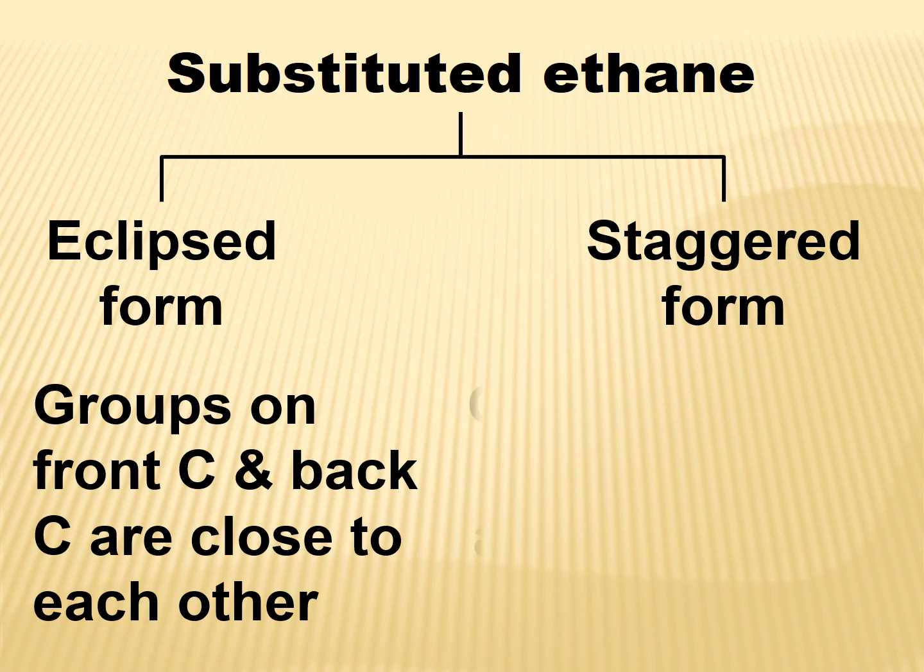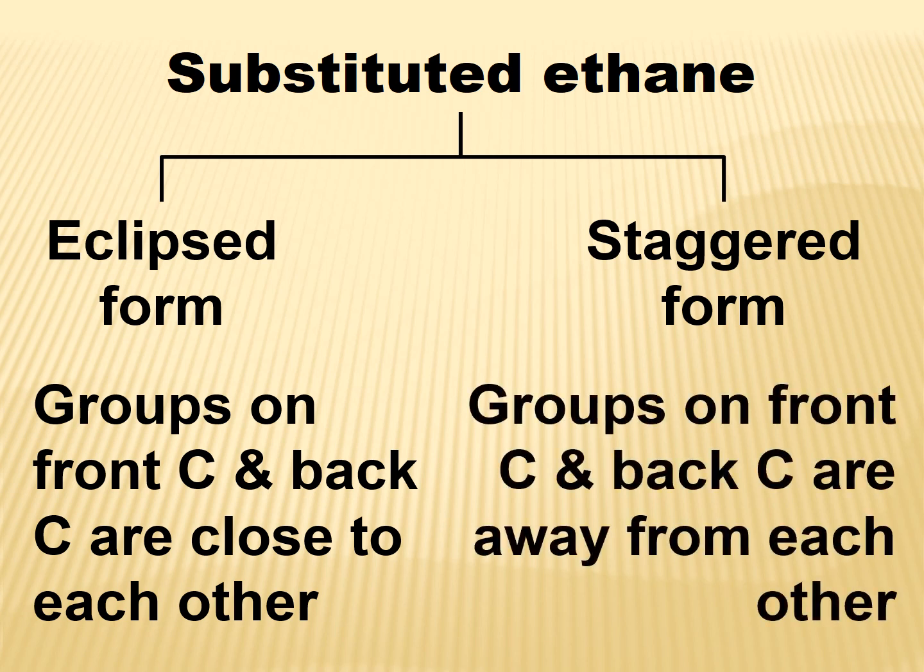Whereas in the staggered form, the groups on the front carbon and back carbon are away from each other, so all the groups are maximum away from each other. That is the difference. Now when you see the structures, you can understand. So in the eclipsed form, the groups are the closest to each other, and in the staggered form, they are maximum away from each other.